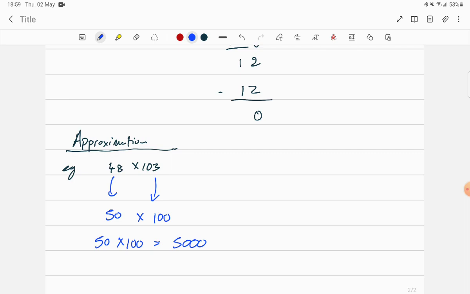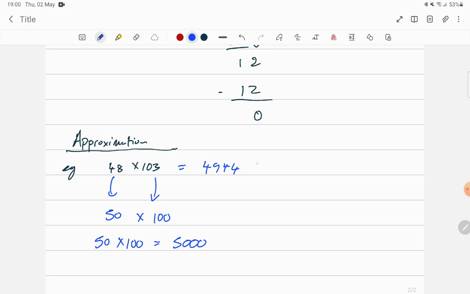If you were to work this out using your calculator, just to confirm, as you can see, our approximation is more or less in that same ballpark. So 50 times 100, which is 5,000, is very close to what 48 times 103 would be.